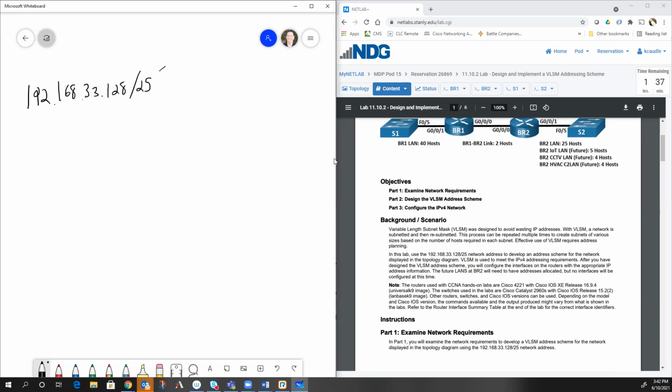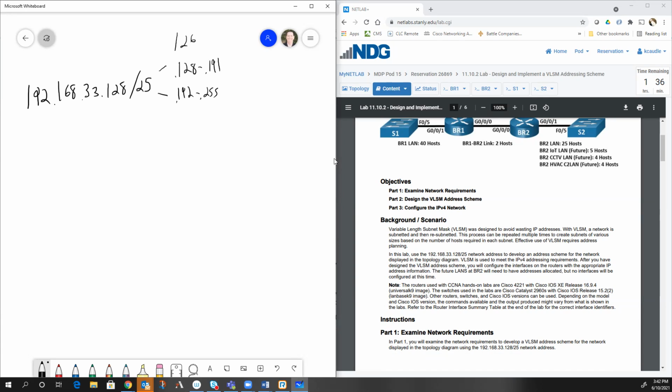So what I would say to do is take this, borrow one more bit, /26. And remember, our variable goes from being 128 at /25, our variable is now 64. So we get 128 to 191 and 192 to 255.